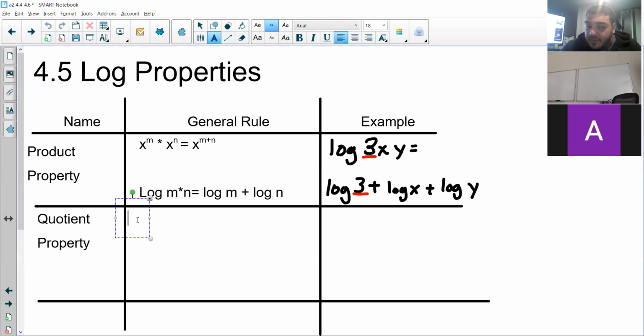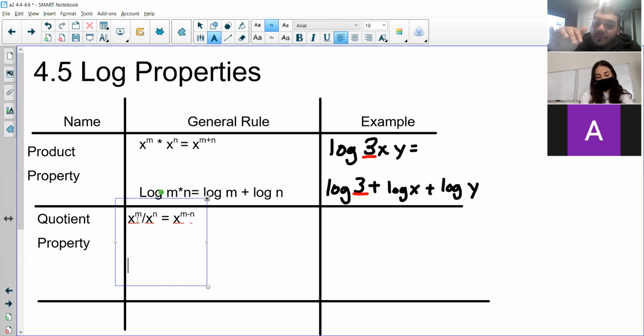In the exponents, if you had x to the m power divided by x to the n power, that would cause it to be x, and you would subtract the exponents. So m minus n. Subtract them.